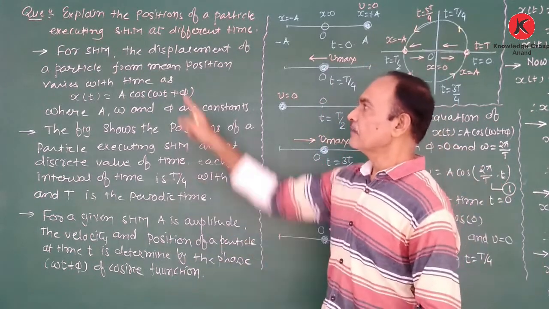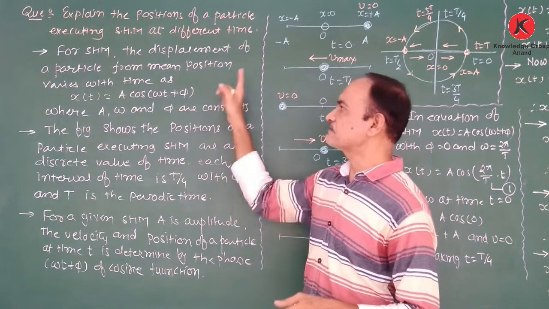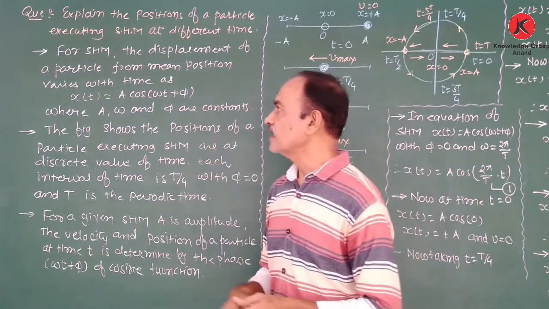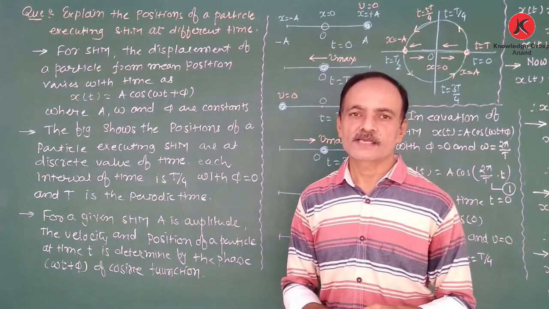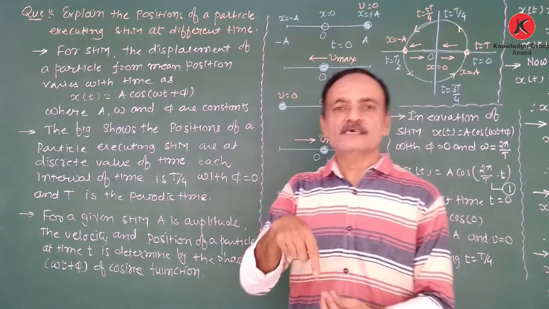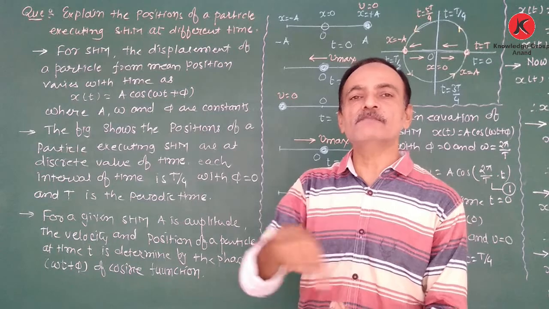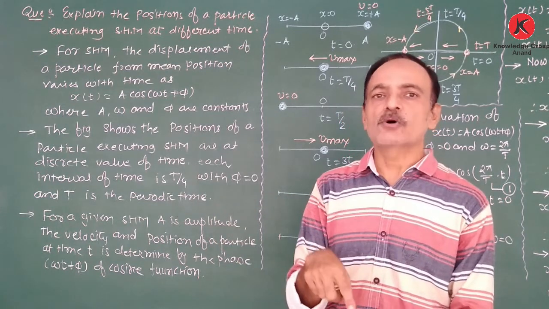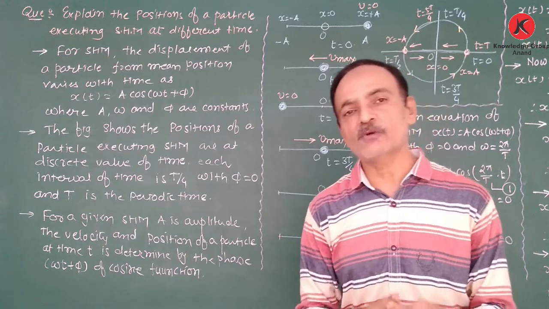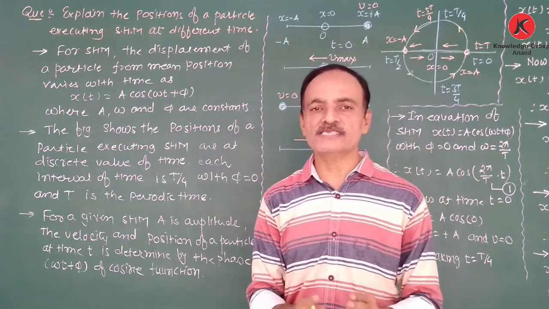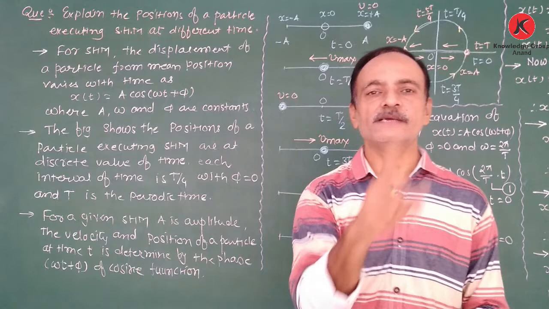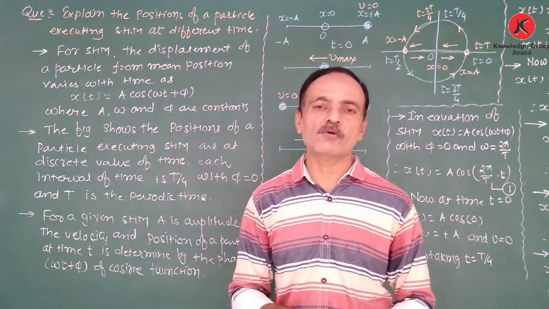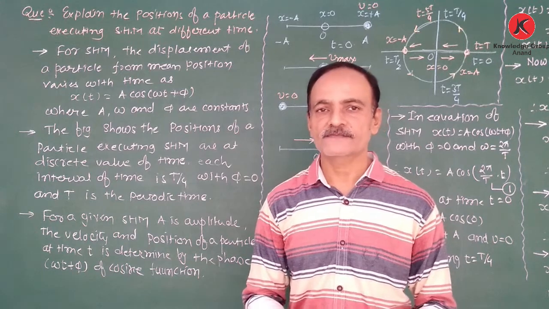For simple harmonic motion, the displacement of a particle from the mean position varies with time. During the simple harmonic motion, the particle executes oscillation about the mean position. So the displacement of a simple harmonic oscillator from the mean position varies with time and is represented by this equation: x(t) is equal to A cos(omega t plus phi).